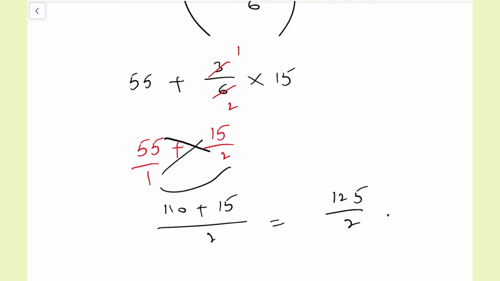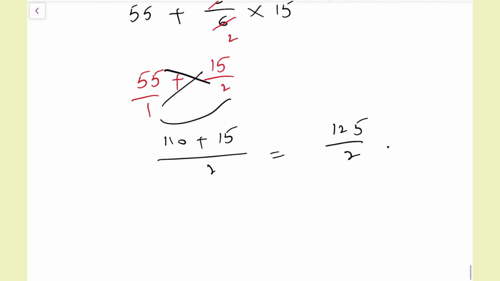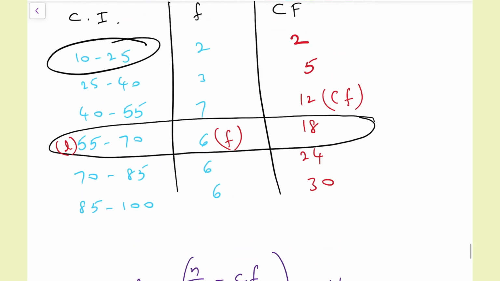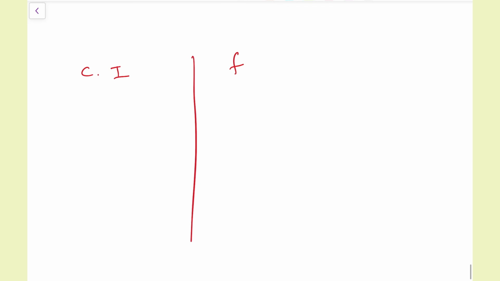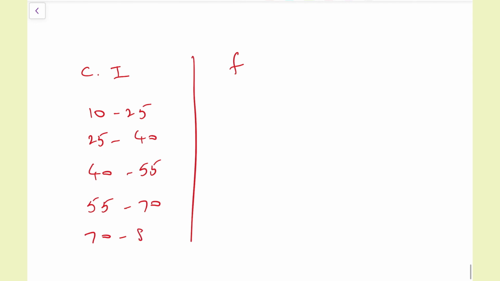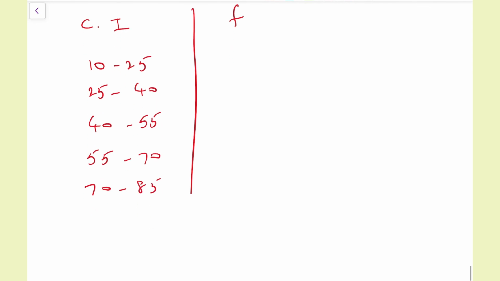Now, for the same data, let us find out the mode. So, mode only 2 columns. One is class interval and the second one is frequency. So, class interval is starting from 10 to 25, then 25 to 40, then 40 to 55, 55 to 70, 70 to 85, last 85 to 100.